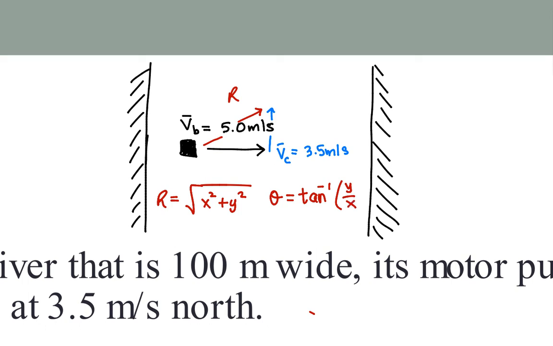So my diagram is sucky. I'm going to put this 5. I know, right? All right, let's just clean this up a bit. The vertical was 3.5, the horizontal was 5. Plug those into Pythagoras, you get 6.1.